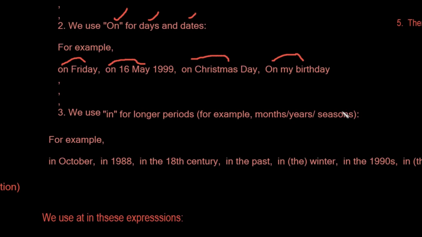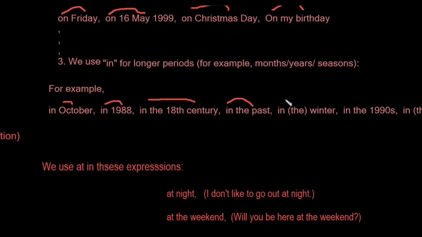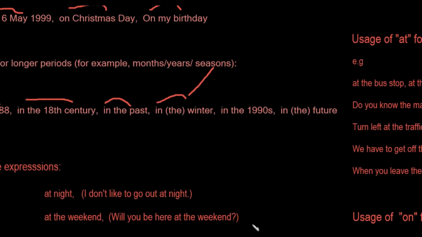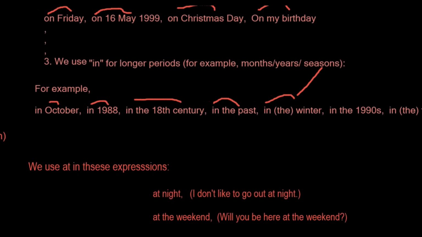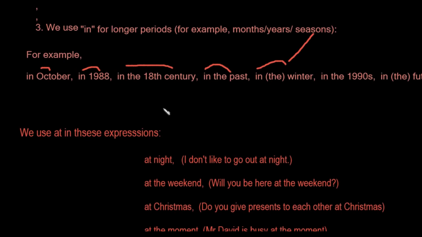For example, in October, which is a month, in 1988, which is a year, in the 18th century, in the past, in the winter, in the 1990s, in the future. Sorry, the longer periods, not actions. We use in for all of them.